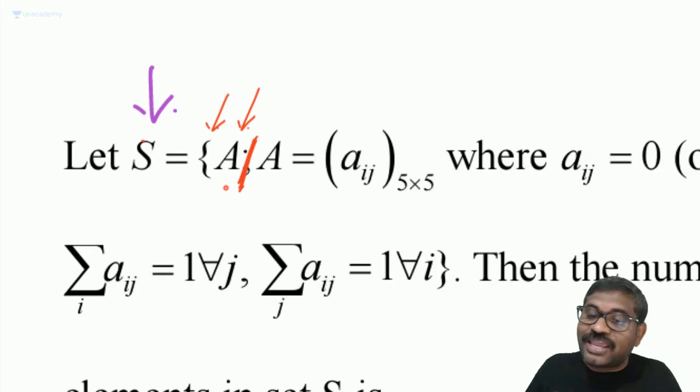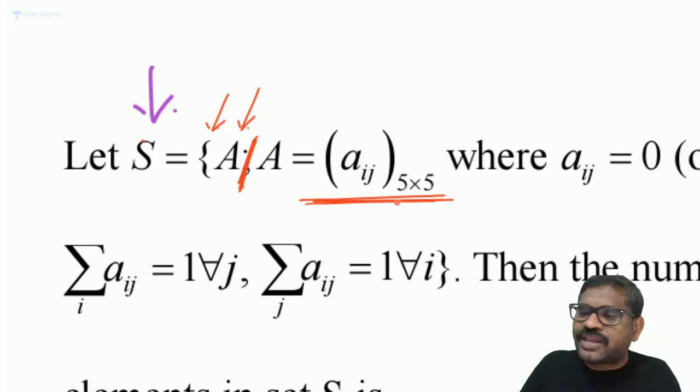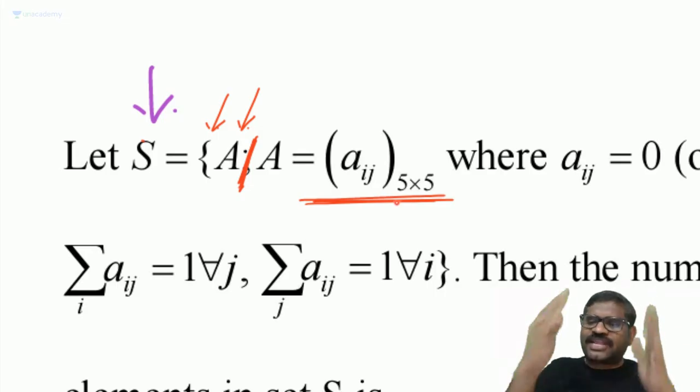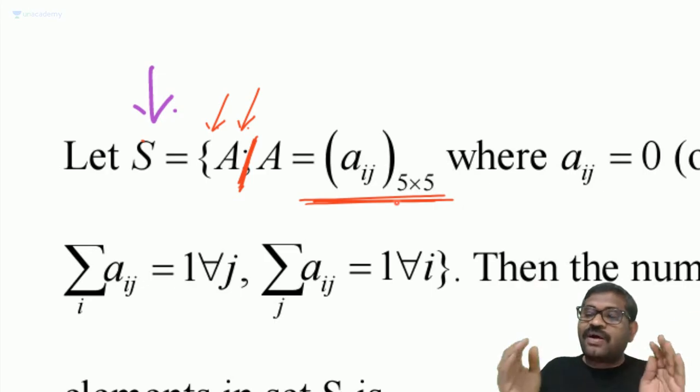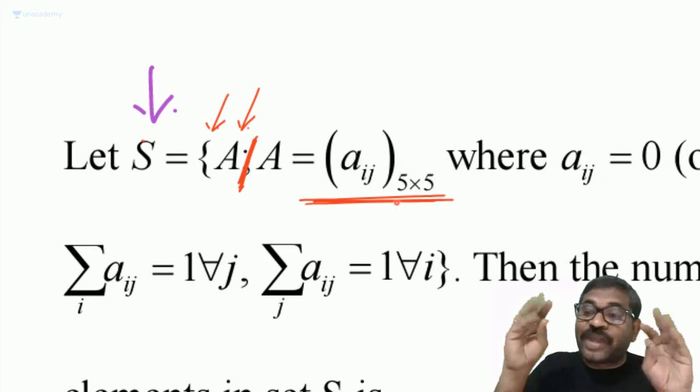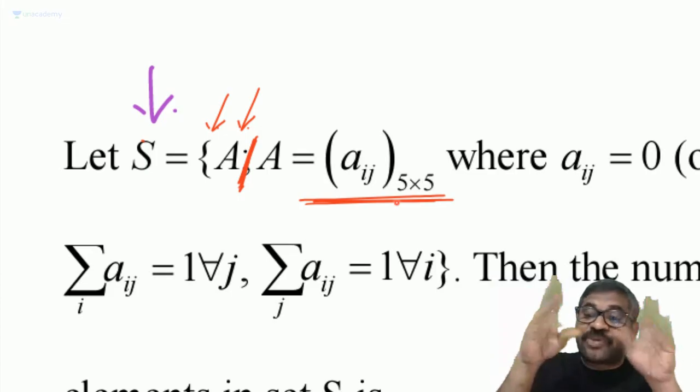Capital A is a matrix of order 5 cross 5. So immediately you have to understand that this is a set of all 5 cross 5 matrices. It is a set of all 5 cross 5 matrices.